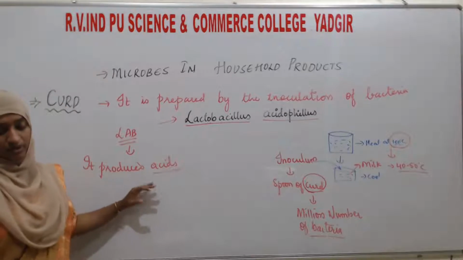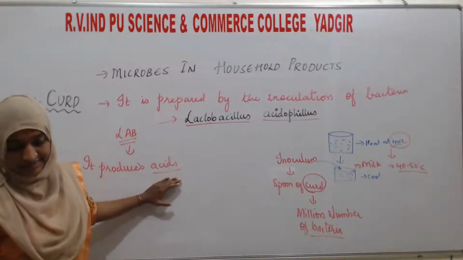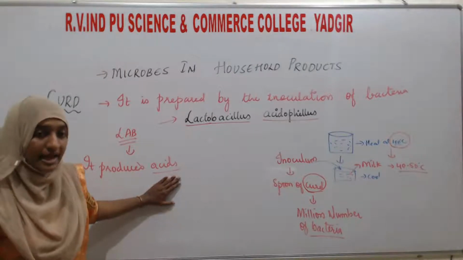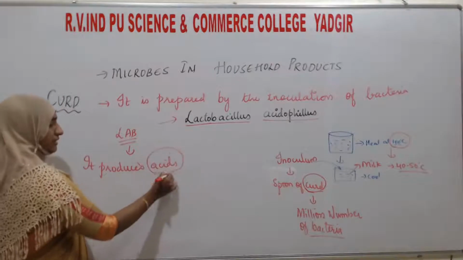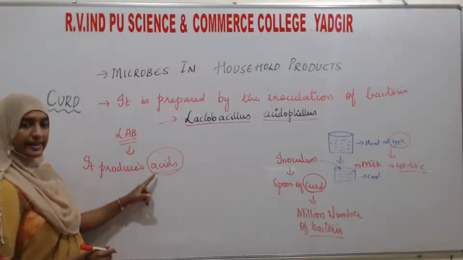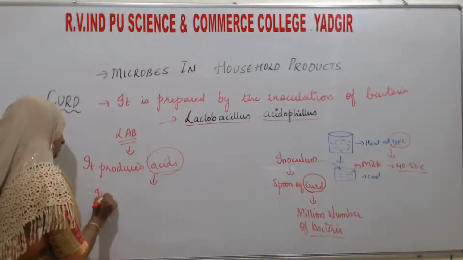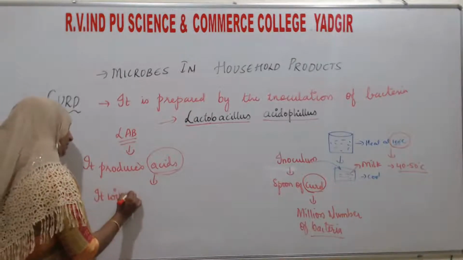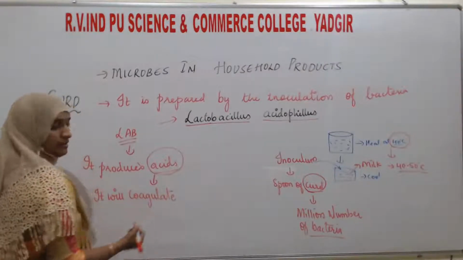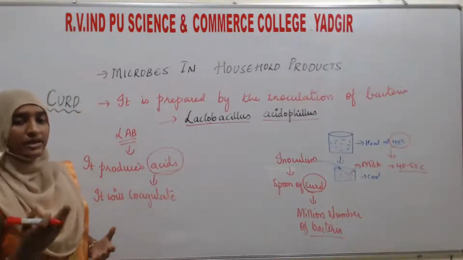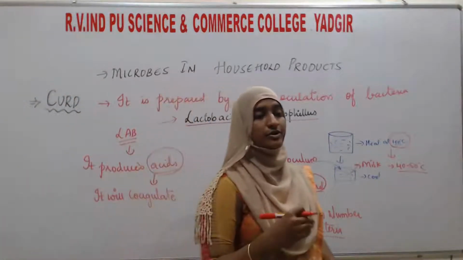Okay, what does this lactic acid bacteria do? It produces the acids. That acid, produced by the lactic acid bacteria, will coagulate. Coagulate means the liquid nature of the milk is going to be coagulated.